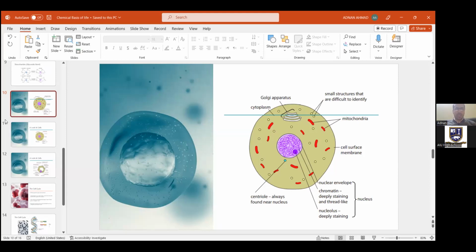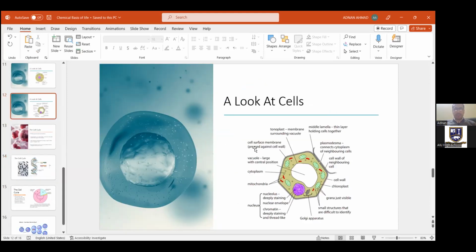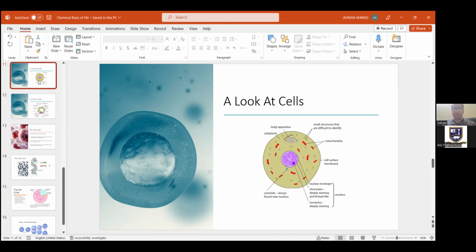The plant cell will contain a cell wall, and an animal cell will not contain a cell wall. So this is the main difference. And then the vacuole, of course, a very prominent reason to differentiate an animal cell from a plant cell, is that an animal cell does not contain a vacuole.